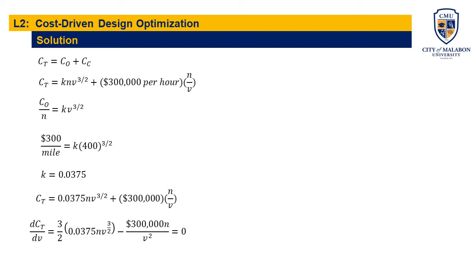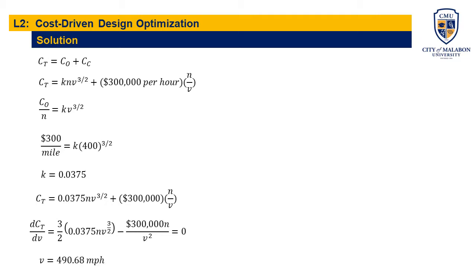The next step, or the third step in our general approach, is to get the first derivative of our model. So the first derivative is 3 halves times 0.0375 N V to the 1 half minus 300,000 N over V squared. And we should equate it to 0 to get either the maximum or the minimum point.